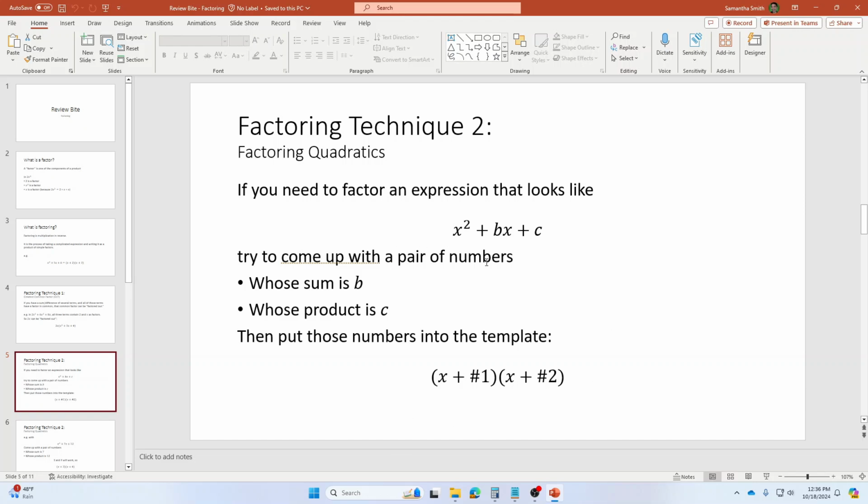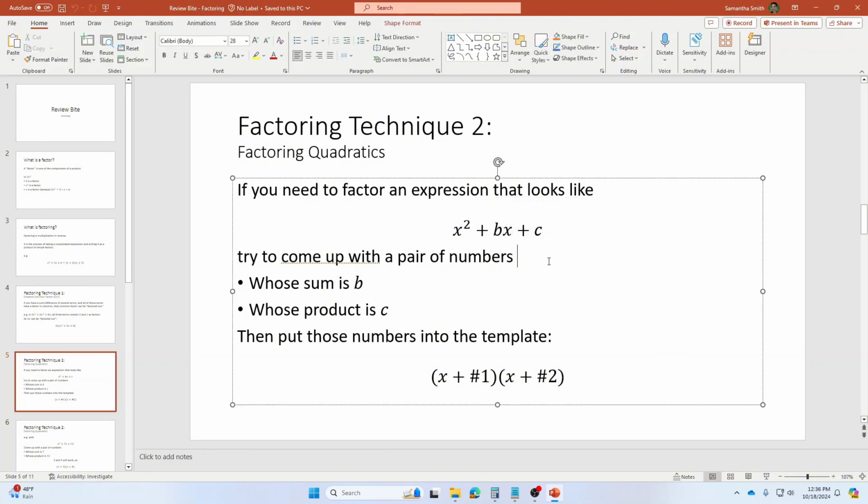You want that pair of numbers to add together to give you this number in the middle, b, and those numbers should, when multiplied together, become this number in the back, c. If you can come up with a pair of numbers that satisfies these two properties, then you can factor this expression just by putting that pair of numbers into this template: x plus the first number times x plus the second number.